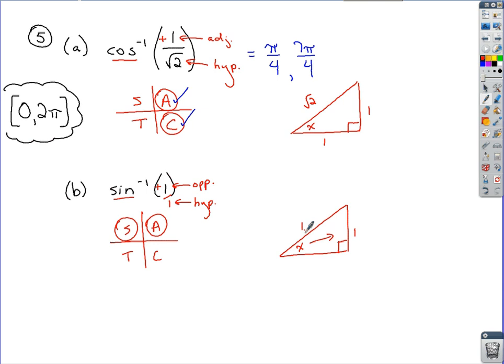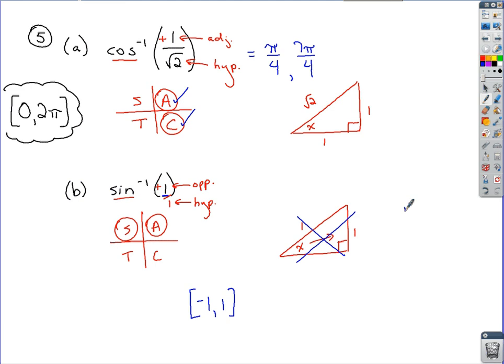Now, that doesn't necessarily mean we don't have an answer. In fact, when you're working in terms of sine and cosine, and you look at the number that's being plugged in right here, as long as that number falls between -1 and 1, we're going to be able to find an answer. Since the triangle approach doesn't work, we have to use the unit circle.